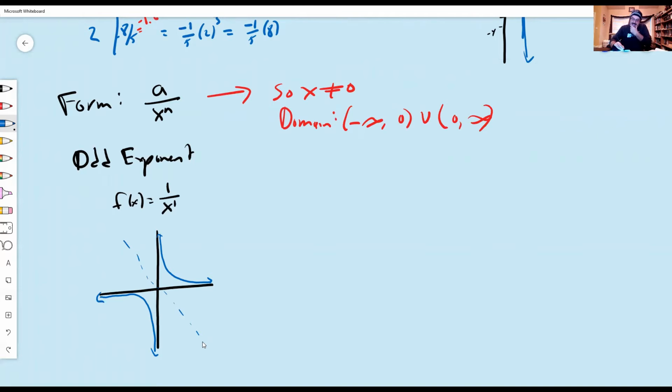Now, as this exponent increases, as this exponent here increases, what's going to happen is the rate at which we climb here, or the rate at which these go to positive infinity here, negative infinity here, will be faster.